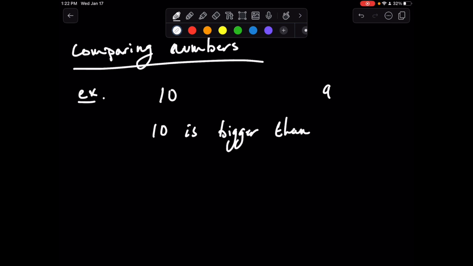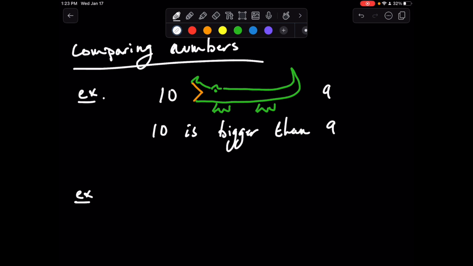So when we draw our inequality, we are going to draw the gator opening up its mouth towards the bigger number, which is 10. So we have our gator with its feet and its eye. All right, example 1 done.